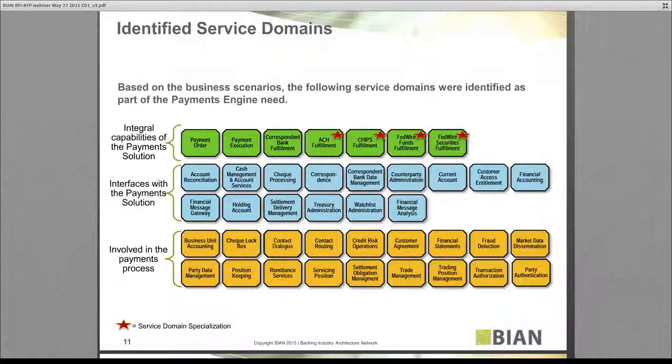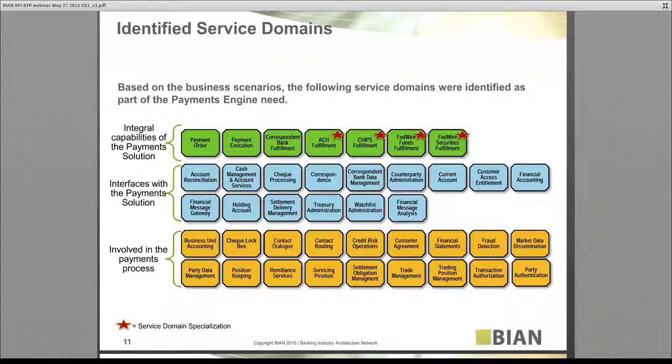As we concluded the assessment of what we decided to be in scope and out of scope, if you will, from an assessment perspective, we identified 3 primary service domains to be in scope. We also specialized a few service domains based on the financial message gateway service domain, specialized them for ACH, wire, and CHIPS handling.